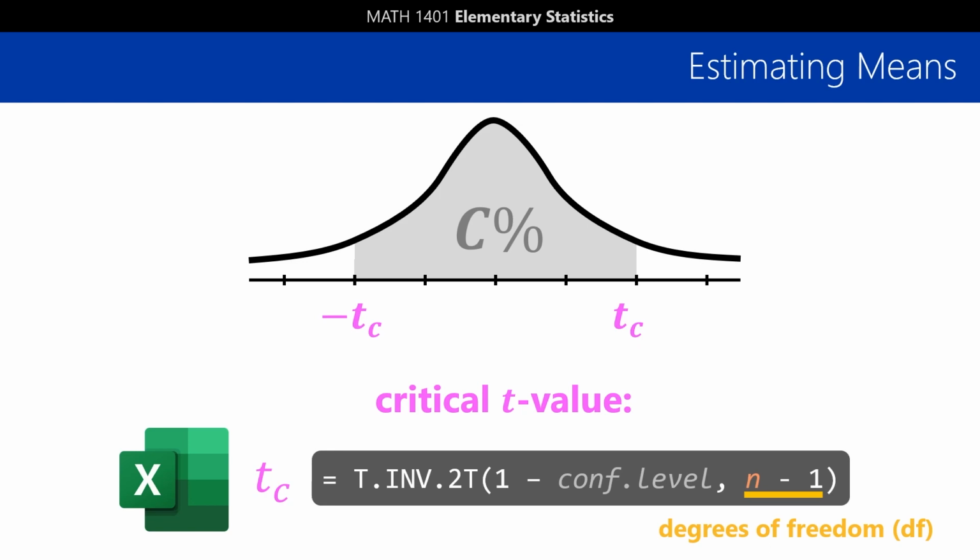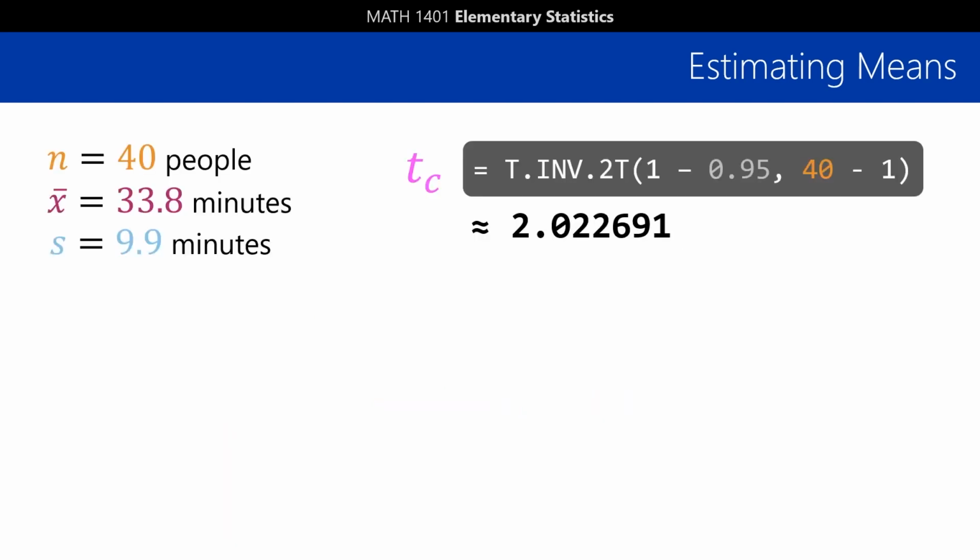The degrees of freedom slightly alters the shape of the distribution, so it's important to remember to include it. In our case, we surveyed 40 people, so our degrees of freedom would be 40 minus 1, or 39. We can use the Excel command T.INV.2T, followed by 1 minus our confidence level, expressed as a decimal, 0.95 here, and then our degrees of freedom, 40 minus 1.